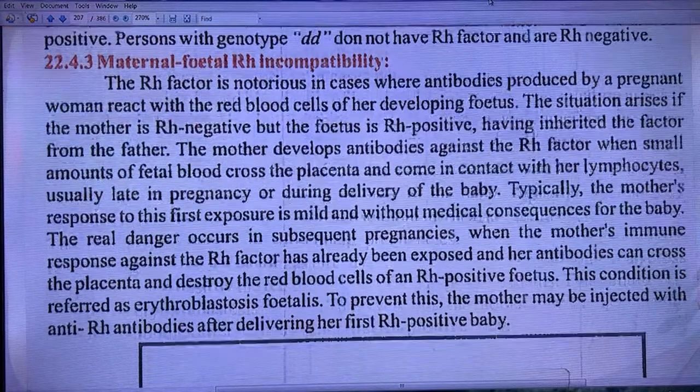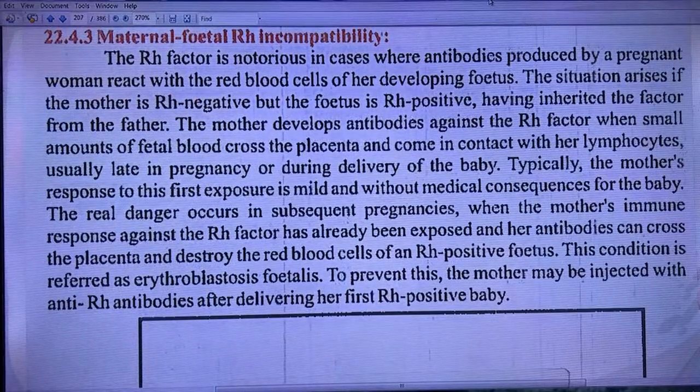Maternal-fetal Rh incompatibility. The Rh factor is notorious in cases where antibodies produced by a pregnant woman react with the red blood cells of her developing fetus. The situation arises if the mother is Rh negative, but the fetus is Rh positive, having inherited the factor from the father. The mother develops antibodies against the Rh factor when small amounts of fetal blood cross the placenta and come in contact with her lymphocytes, usually late in pregnancy or during delivery of the baby.